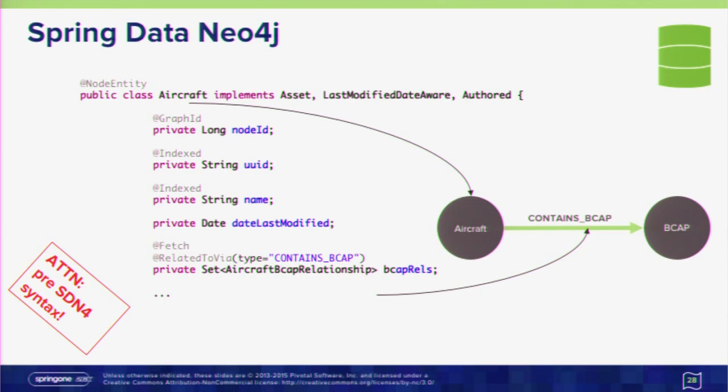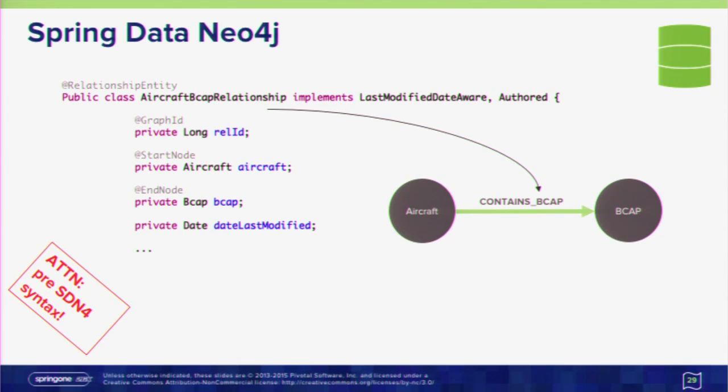In this case, in that example, we have a dedicated relationship entity where you can then add attributes that focus on this relation between the two entities. I think this is the next slide, and it shows the relationship entity. You have that graph ID again, you don't mess with that. You have a start node, one end node.